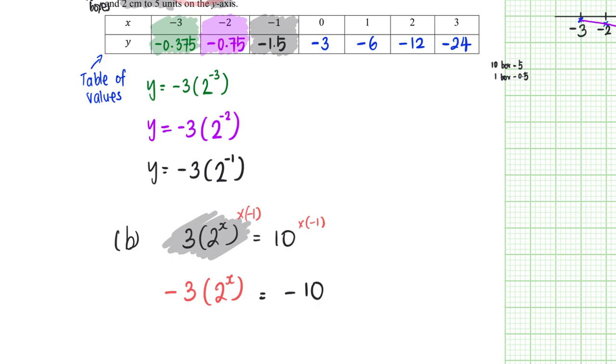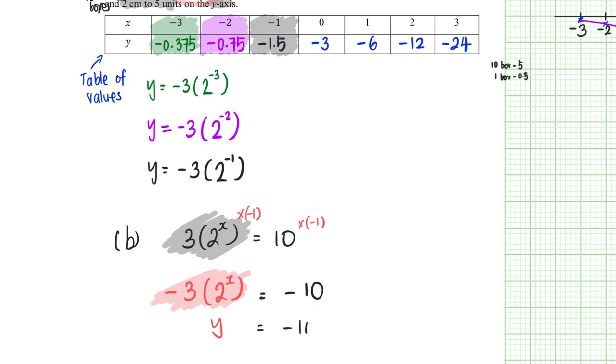And eventually, we already have drawn this graph here already. So the question now is, how then can we solve this equation? So do take note, this is actually the graph that we have just drawn, which is our y equals negative 3 times 2 to the power of x.